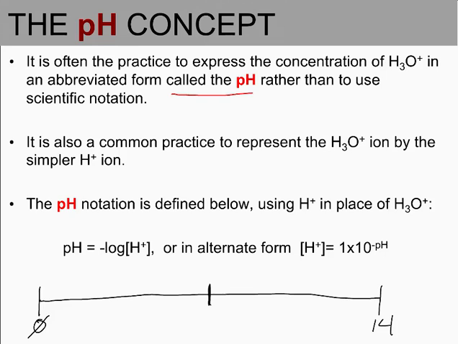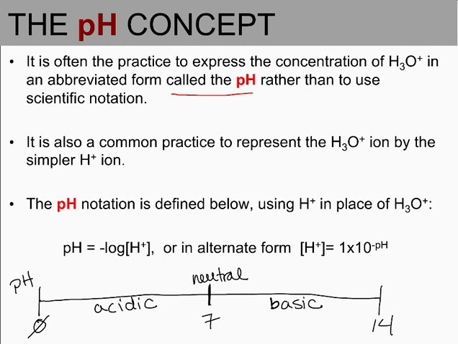So right in the middle is 7. So if a solution has a pH of 7, that means it is neutral. If a solution has a pH in between 7 and 14, then it is basic. And if a solution has a pH between 0 and 7, it is acidic.